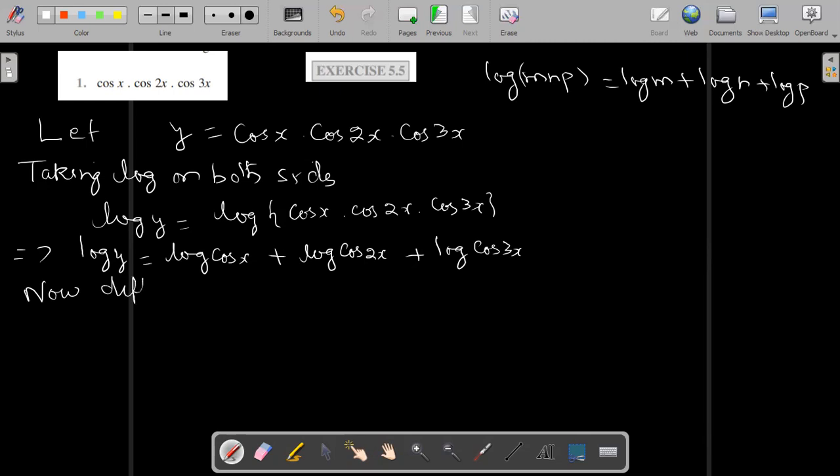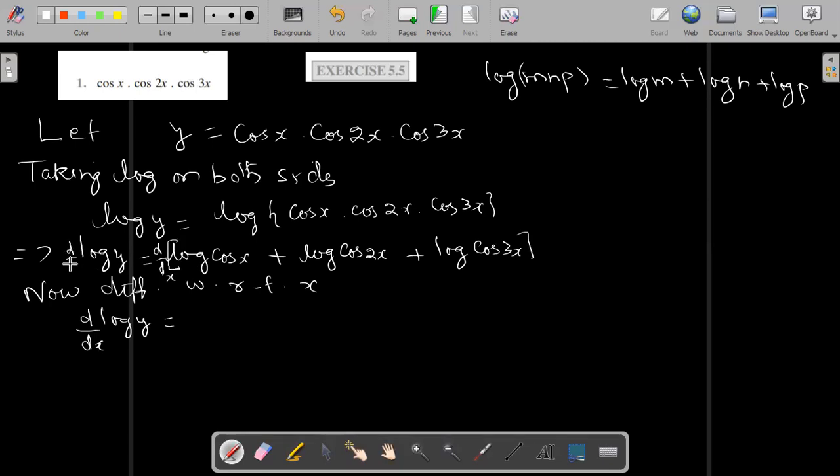So now differentiate with respect to x on both sides. We get d by dx of log y on the left side. We should write d by dx at the start, and then d by dx will go inside the right hand side because of plus and minus, as I told you before.